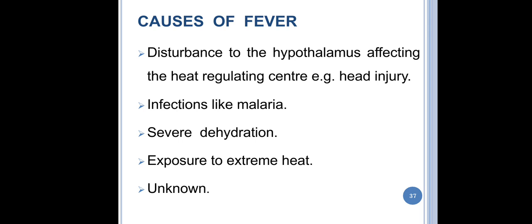So you see causes of fever. Fever usually occurs due to disturbance to the hypothalamus affecting the heat regulation center, e.g. head injury, infections like malaria, severe dehydration, exposure to extreme heat, or unknown causes.